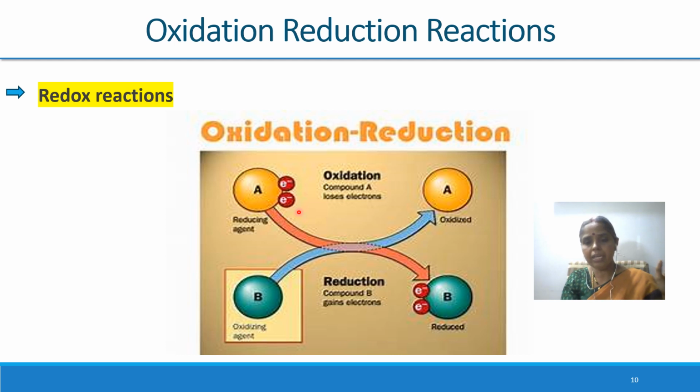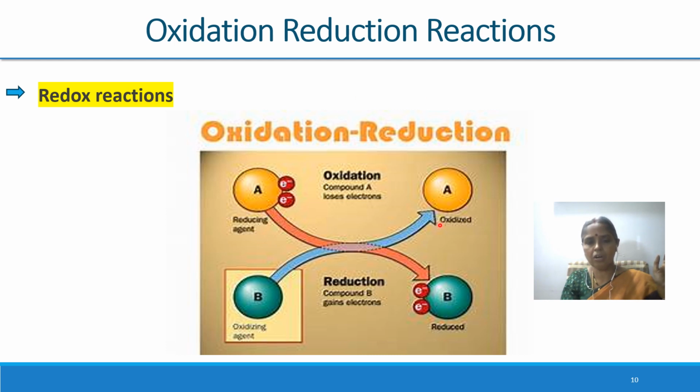So A is getting oxidized. Loss of electrons is oxidation. Addition of electrons is reduction. So B is getting reduced and A is getting oxidized in the same reaction, which is called a redox reaction. A is transferring its electrons to B. B is gaining electrons, A is losing electrons.